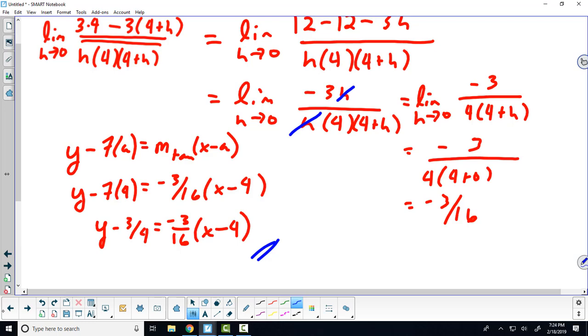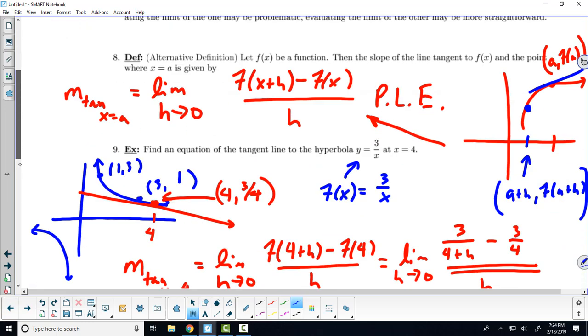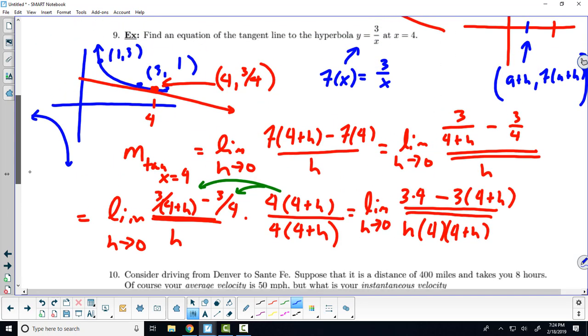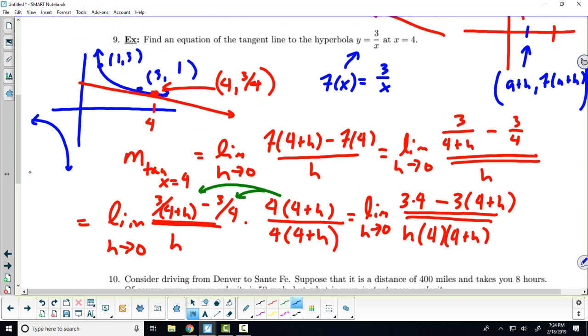Okay. Any questions on that problem? When you were determining the point 4, comma 3/4, where'd you get the 3/4? Yeah, so this is the ordered pair a comma f of a. So how did I get the 3/4?